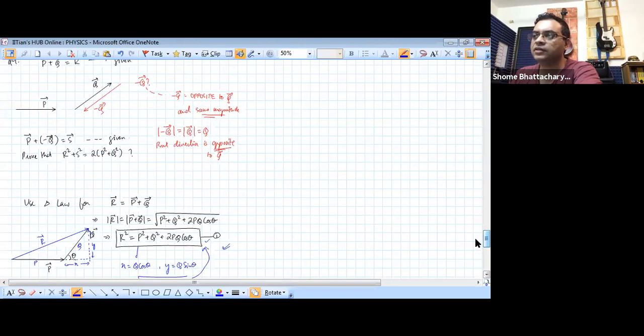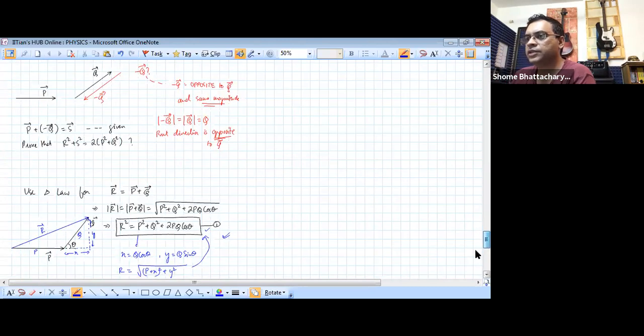But next I had to derive a similar law to get the second thing in the left hand side, that is S square. Where did S square come from? For that I had to make a second triangle where I'm adding the vector P with which vector? The vector minus Q, not the vector Q. That's where this comes.